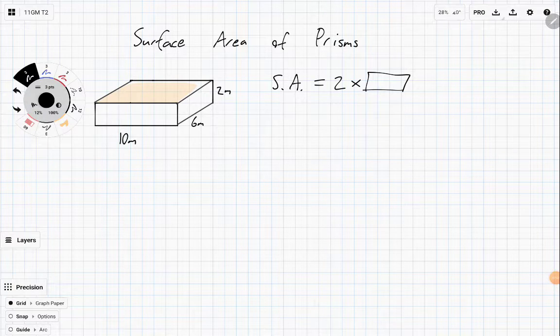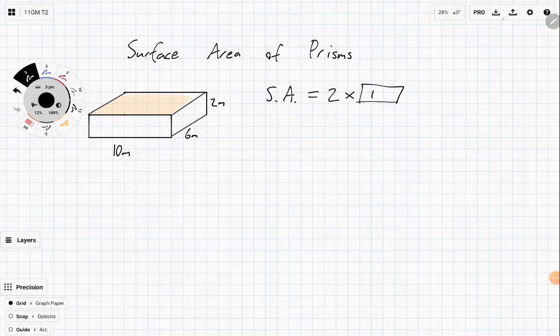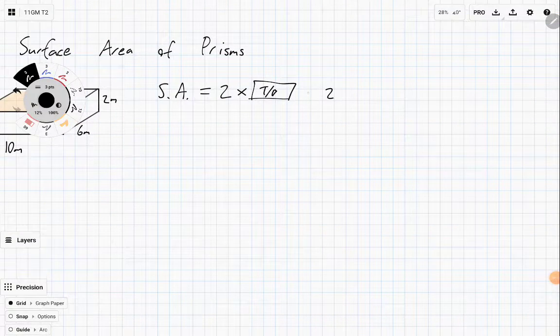Well, in total there are 6 faces, and they're made up of 2 identical rectangles, which is our top and bottom, plus 2 different rectangles. Now these ones are going to be the left/right ones, plus 2 rectangles which are going to be the front and back.